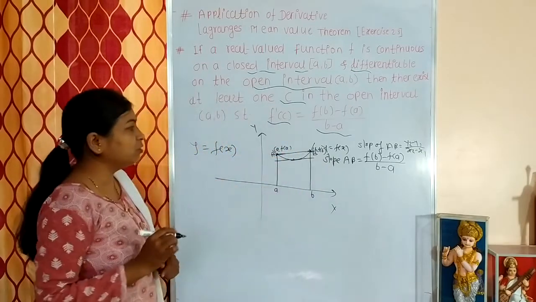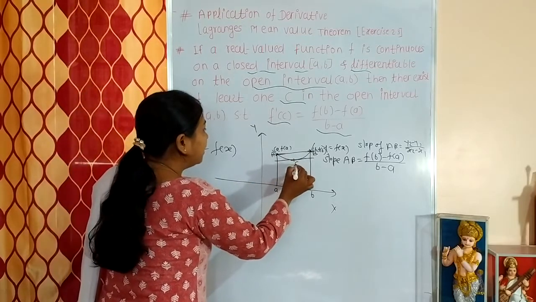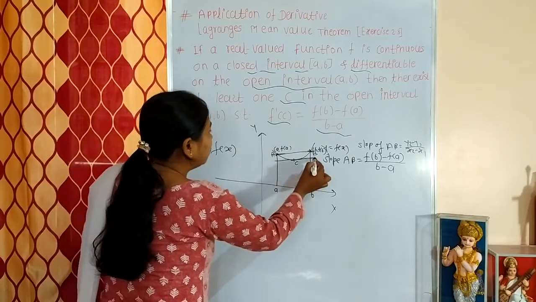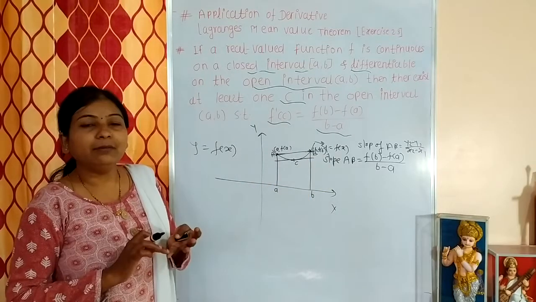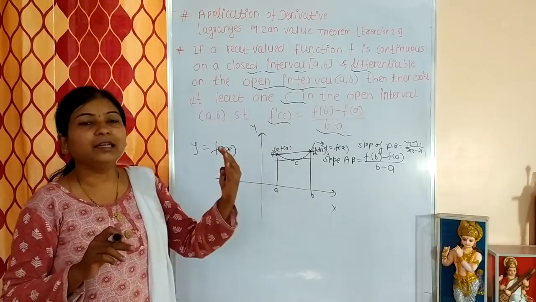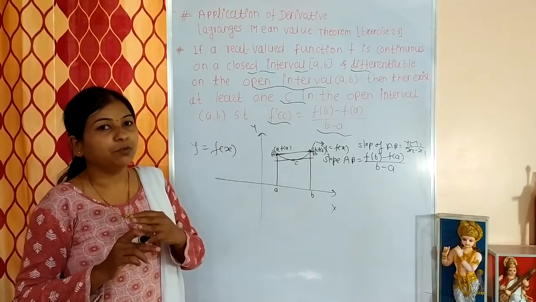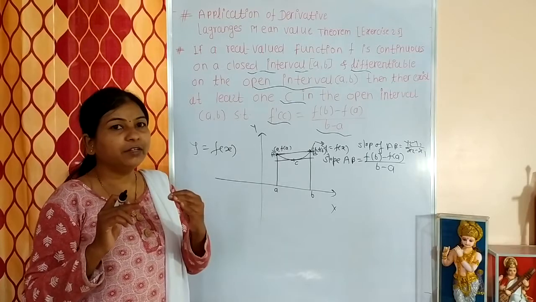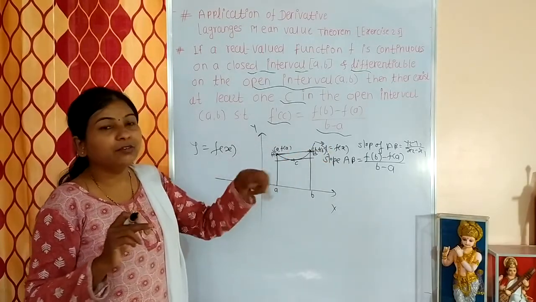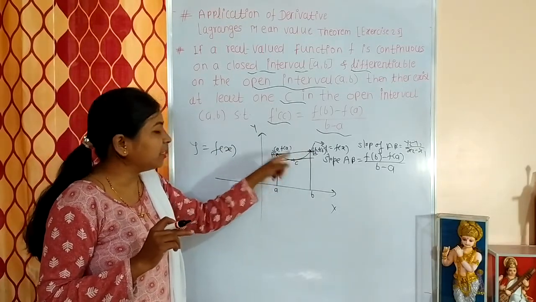At the point c there is a tangent. Then, in the first topic of application of derivative, for finding the slope of tangent, slope of normal, equation of tangent and equation of normal, we found the slope of a tangent by differentiating the equation of the curve at a point. So this line is a tangent to this curve at the point c.